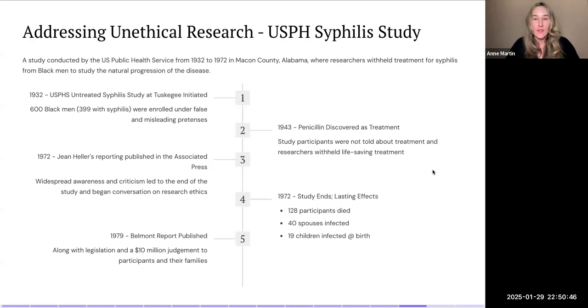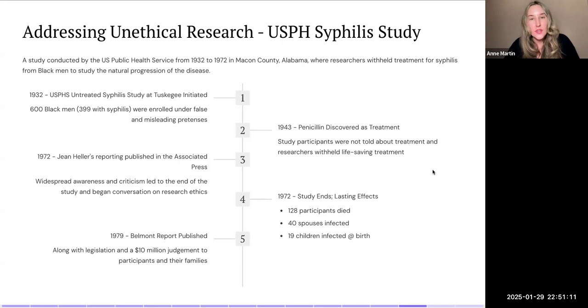However, the study did have lasting effects. So of these participants, 128 of them died, 40 spouses were affected, and so were 19 children. So here we're talking about deaths. However, beyond the deaths, this study had widespread impact on not only the participants and their families, but the surrounding community.